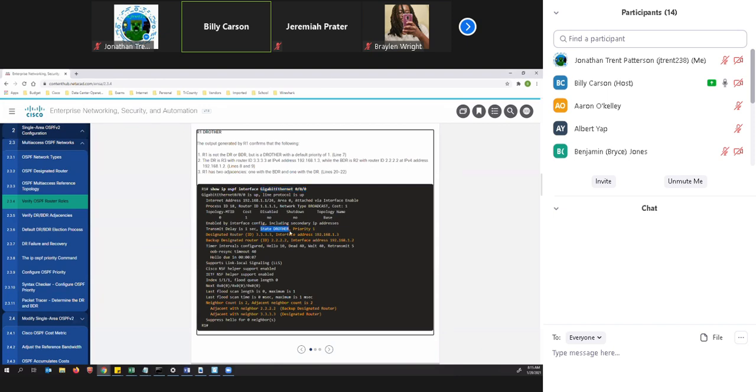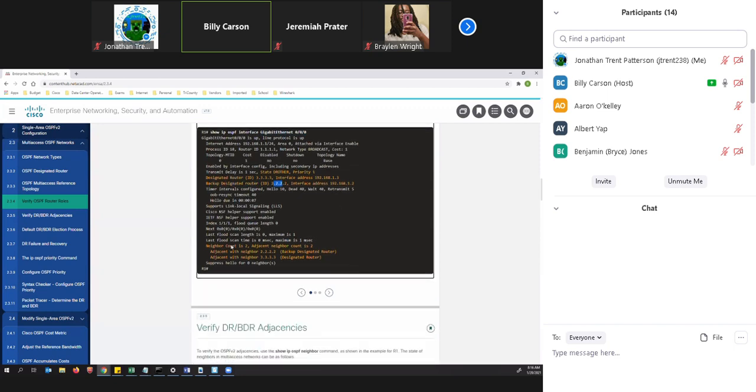It tells us, okay, this is the state we're in. We're DROther here, with priority 1. Well, if it's priority 1, nobody changed that, so by default it's priority 1. And it says the designated router, it knows it at 3.3.3.3 where the address is, and it knows the backup router as well.